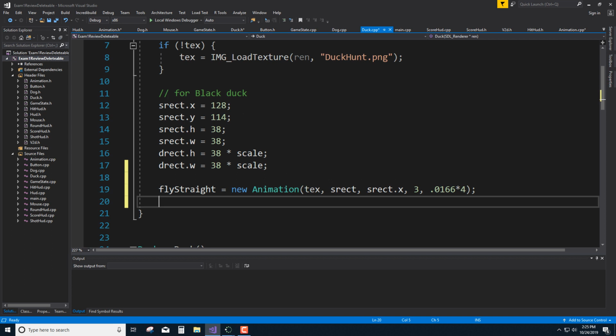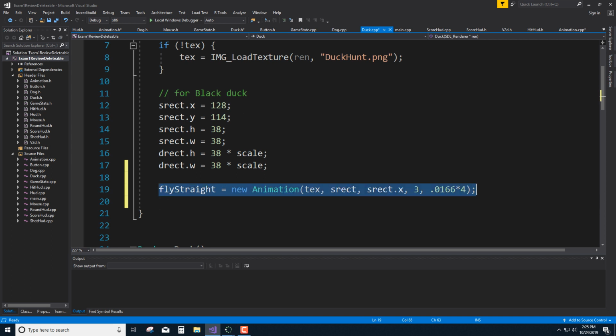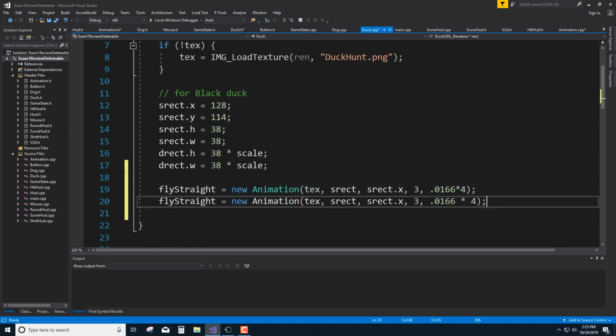Alright, so there's our flying straight animation. The next one is going to be fly angled. And then this rectangle will be a different rectangle.